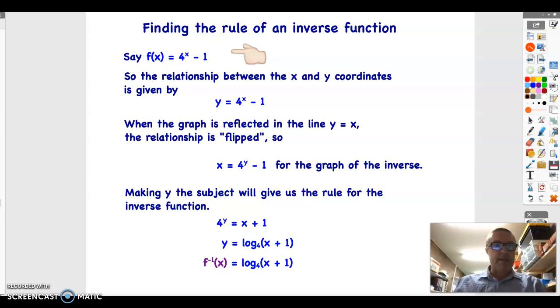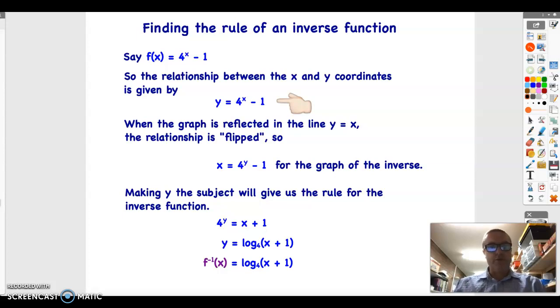So let's say f of x is equal to 4 to the power of x minus 1. We already know that the inverse function is about swapping the x and y values, so I'm writing that function as an equation that shows the relationship between x and y. The y coordinates, we get them from having 4 to the power of x minus 1.